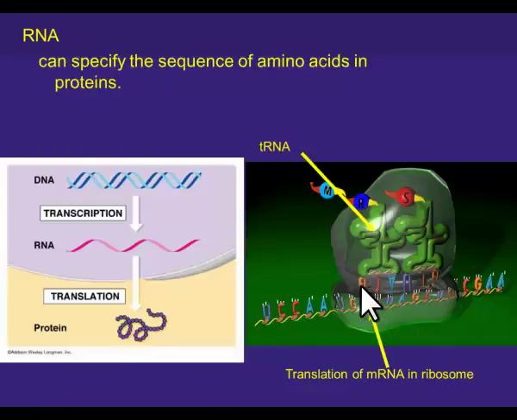RNAs can also specify the sequence of amino acids and proteins. So they form the template that's used in a process called translation, where a ribosome actually reads a special kind of RNA called a messenger RNA and uses the information there to make a sequence of amino acids that ultimately comprise a protein.